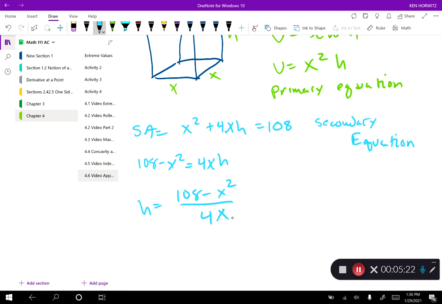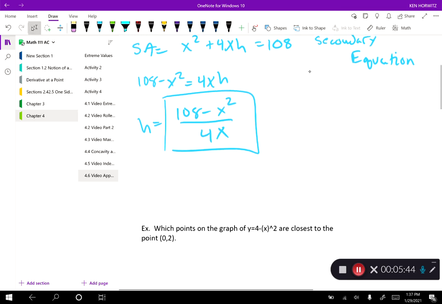And what I can do is I can take this and plug it in over here. Now, again, one of the reasons why I chose to substitute in for h is because if I substituted in for x squared, whatever I got for x, I would have to square it, which makes things more difficult. So here I can just substitute in and then just kind of get going.